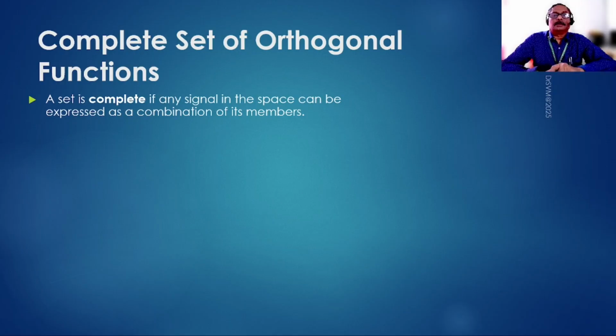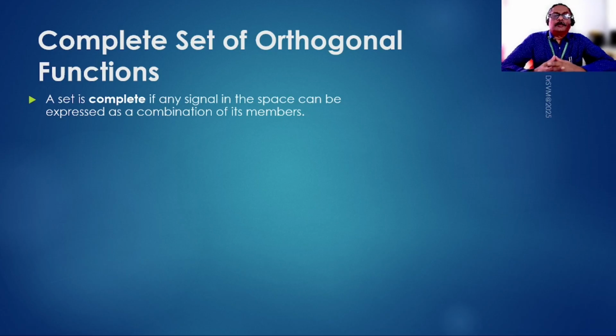What is the component along x, what is the component along y, and what is the component along z? All 3 are equally required, only then can it be represented correctly and perfectly. So in a 3D space, we have 3 components or members.